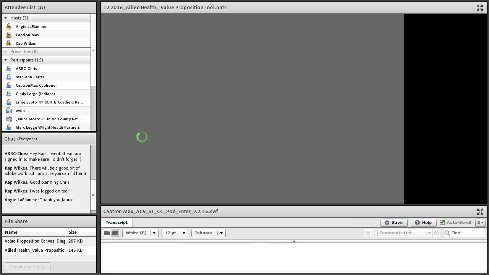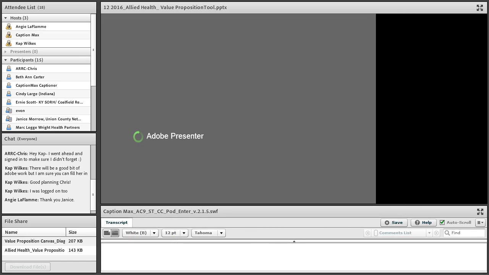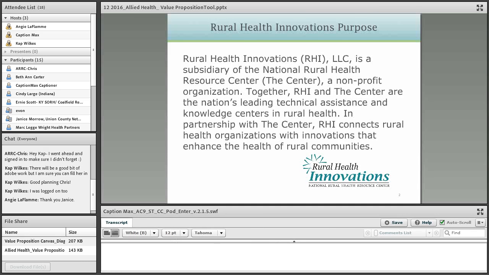And here it comes. I wanted to also spend just a moment on our Rural Health Innovations purpose slide. The Center and RHI as its subsidiary strive to improve the health of rural communities. We do so by focusing in 5 different areas: value proposition and health, health information technology, performance improvement, collaboration and partnerships, and workforce.